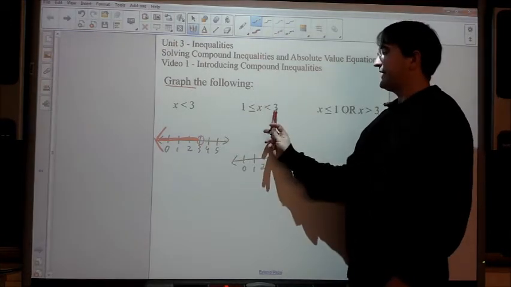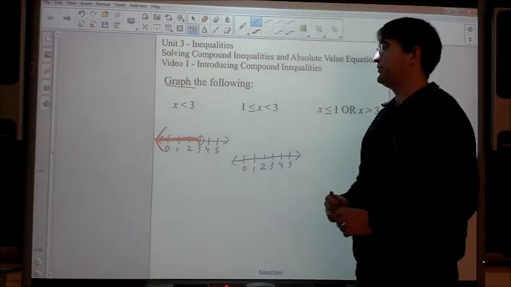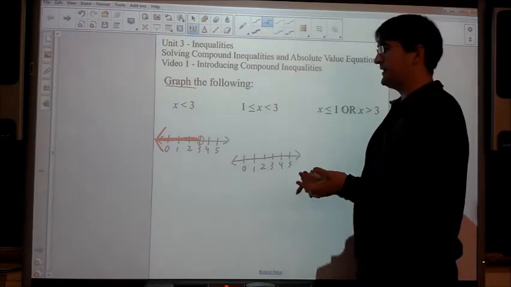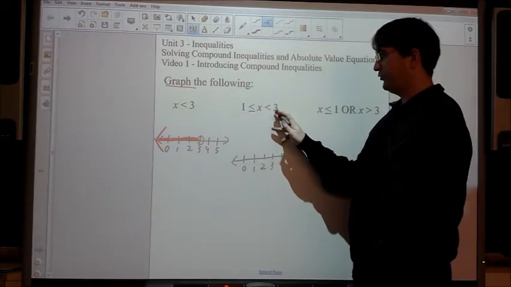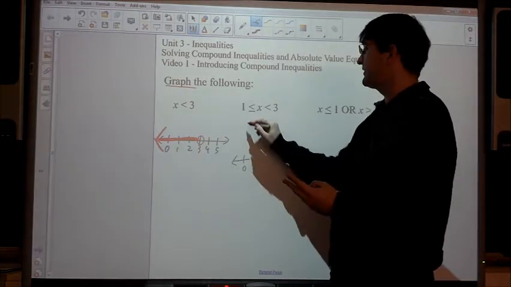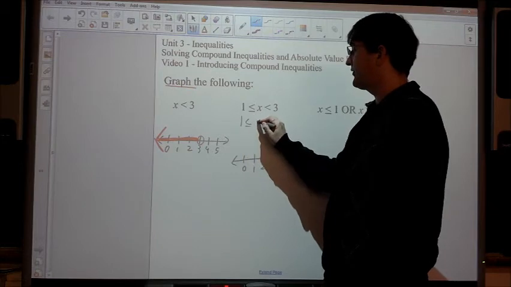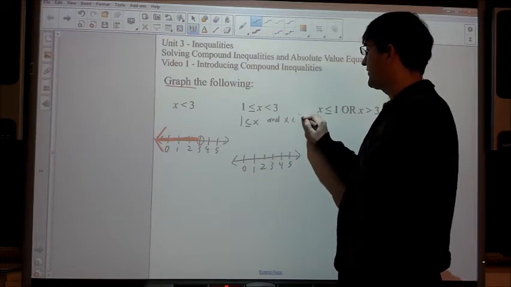Now, this is showing me that I have two boundary points. I have a boundary point at the 3, and I have a boundary point at the 1. How I could read this is 1 is less than or equal to x, which is less than 3. Which means I actually have two inequalities going on here. I have that 1 is less than or equal to x, and I have that x is less than 3.